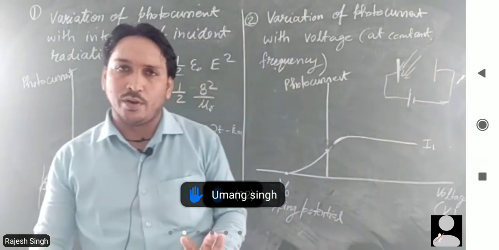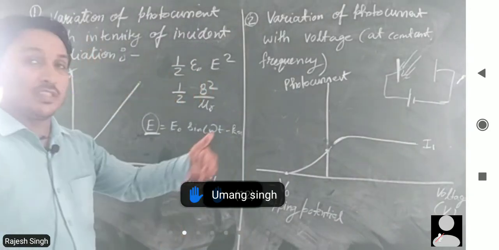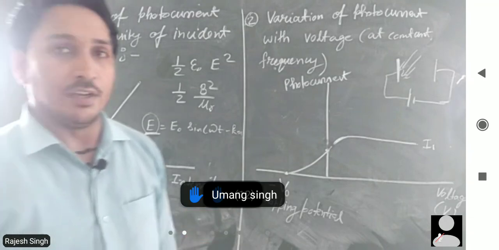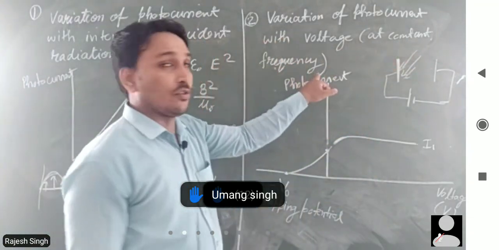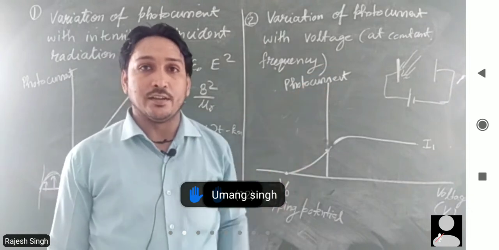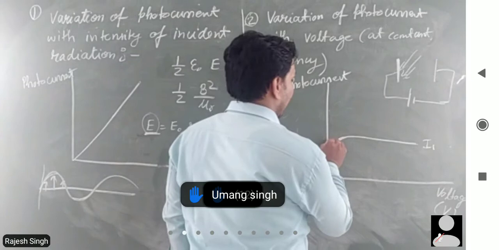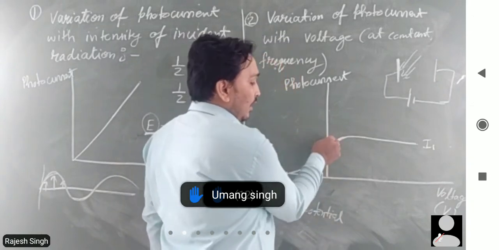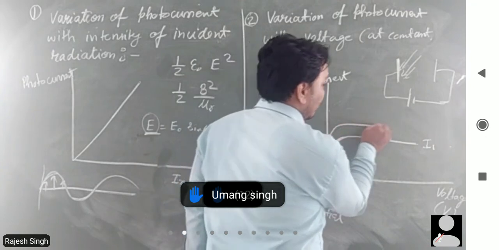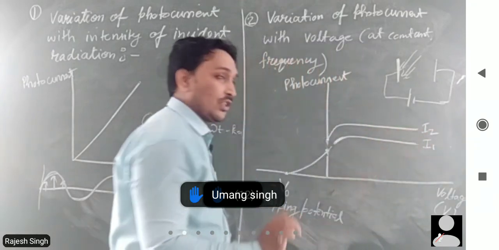That's quite okay. The twist comes in the story when we draw the same graph for a higher intensity. The frequency is constant, but the intensity is higher. We expected that the current will be more than the earlier one, and then it becomes constant after a particular voltage, which is quite okay.